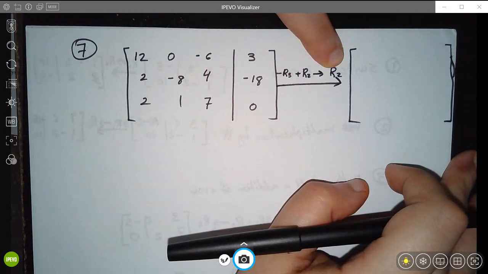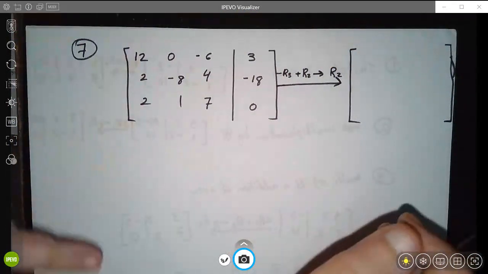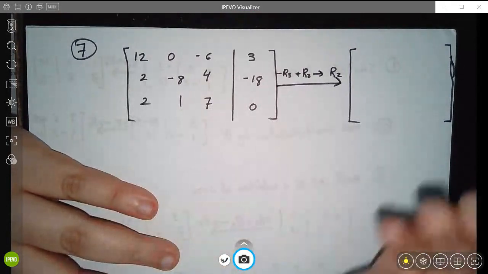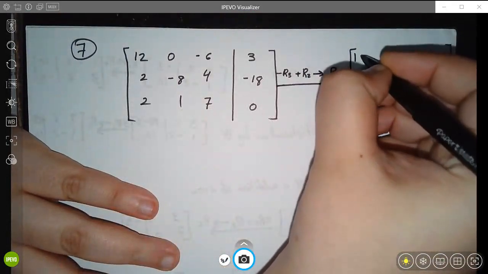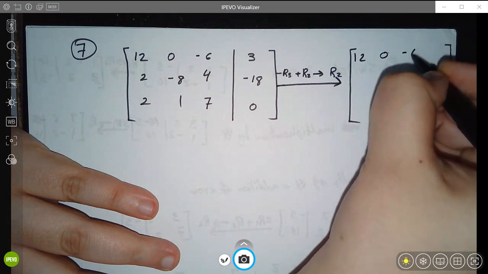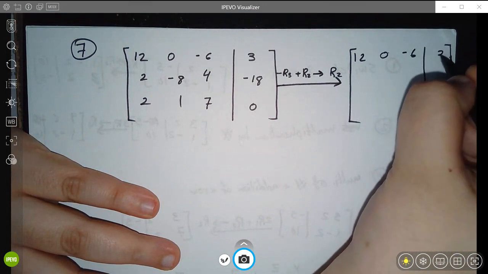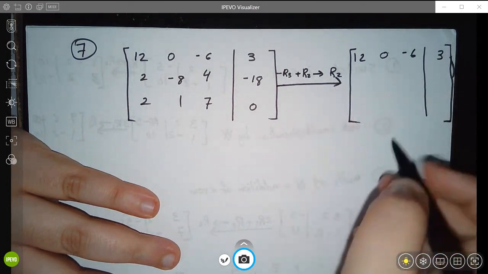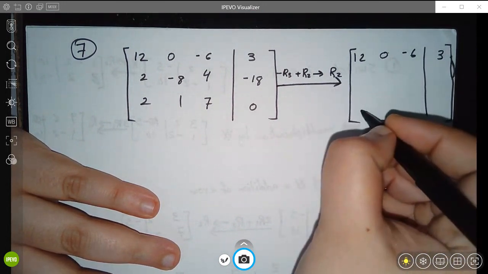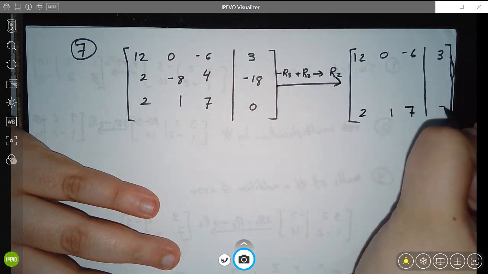Row 2, right? R1 and R3 are going to remain the same. So I'm going to copy those two to avoid confusion. 12, 0, -6, here's the answer line, and 3. That's row 1. Row 3 is 2, 1, and 7. And over here we have a 0.